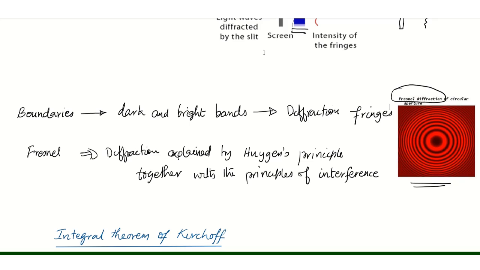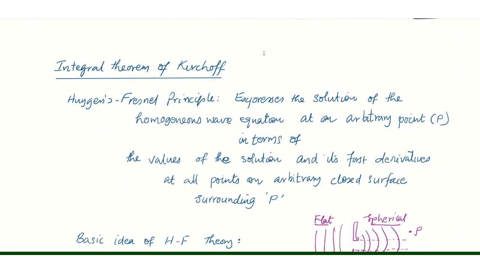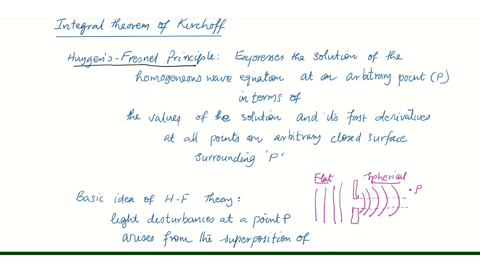That is the first thing that we want to learn, that is the integral theorem of Kirchhoff, or what we can attribute to something called the Huygens-Fresnel principle, and it expresses the solution of the homogeneous wave equation at an arbitrary point P in terms of the values of the solution and its first derivatives at all points on an arbitrary closed surface surrounding P. Okay. Don't be confused or puzzled by that statement.